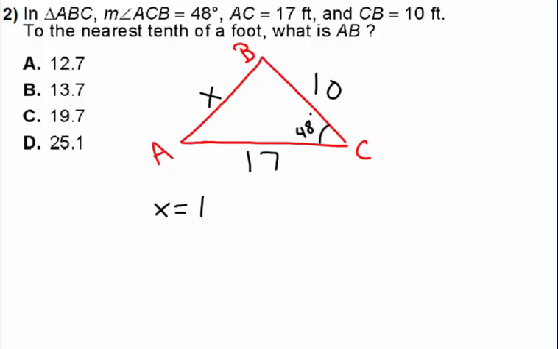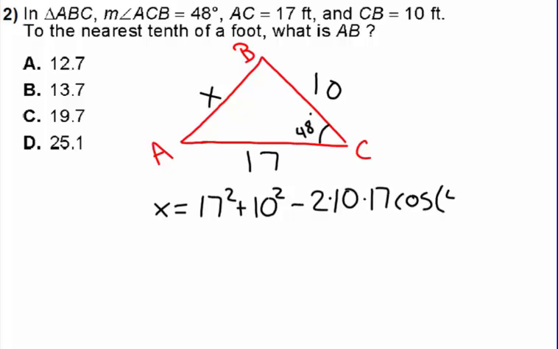So the law of cosines, we'll go through that afterwards, but I forgot my x squared. That should be x squared equals 17 squared plus 10 squared minus 2 times 10 times 17 times the cosine of 48 degrees.